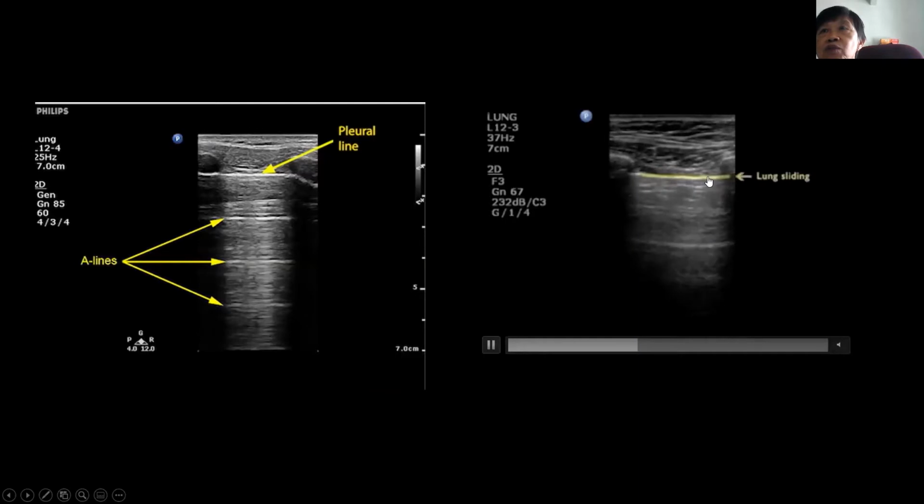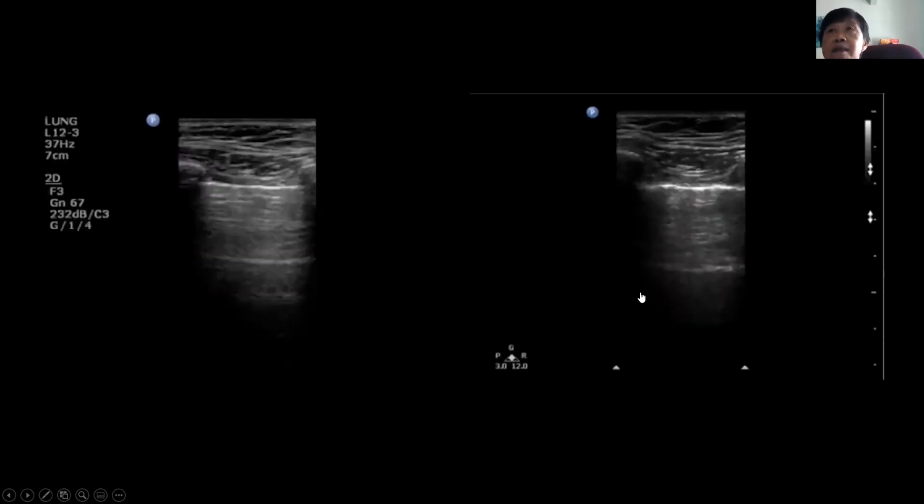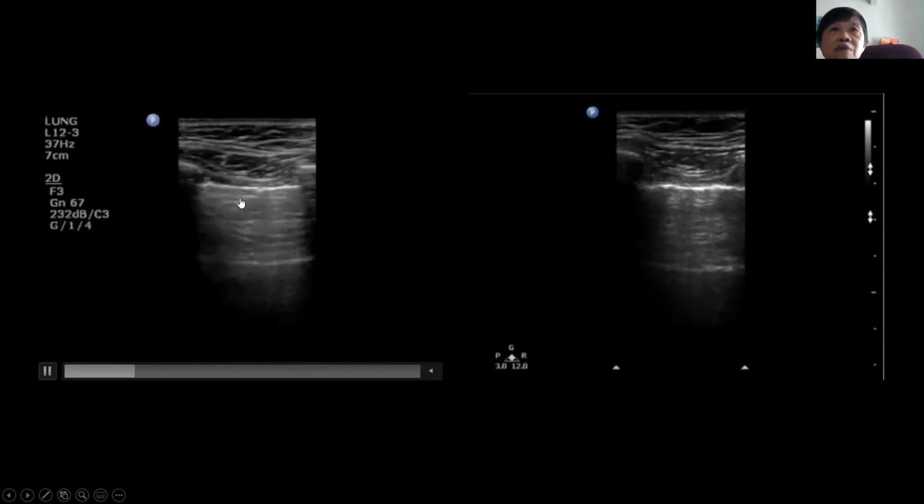The pleural line moves, a thin line shimmering, there is not much B line, it is all A lines, and the patient's lung is well aerated. We can see this in a patient with normal lung, or in a patient with asthma or COPD.